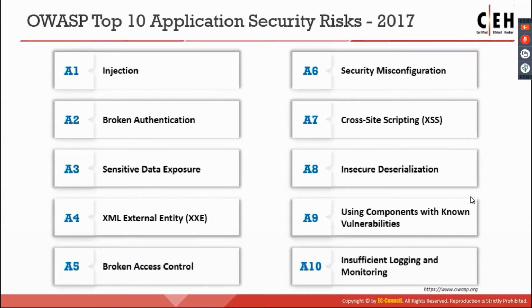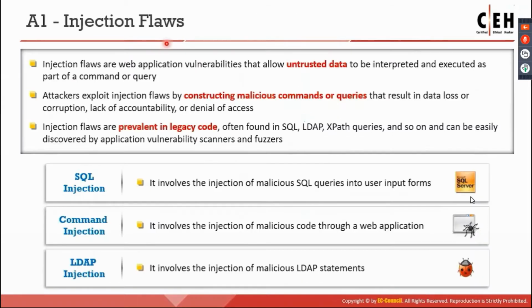What we find is that OWASP has identified 10 major areas of web application vulnerabilities. In the class, we go through each one of these, but I want to look at one in particular, which is injection flaws.